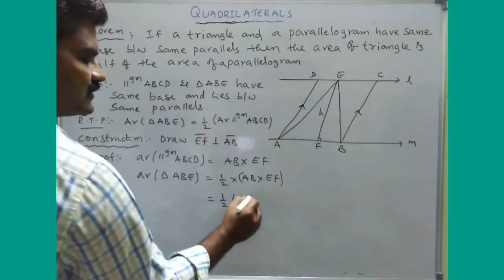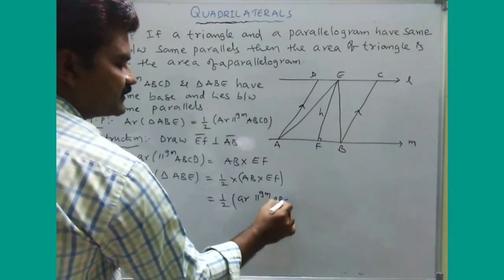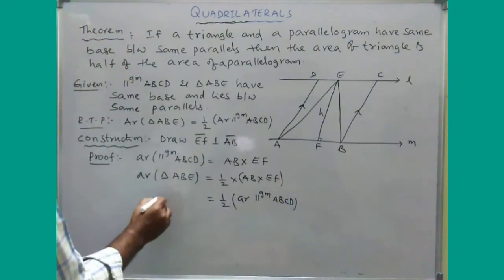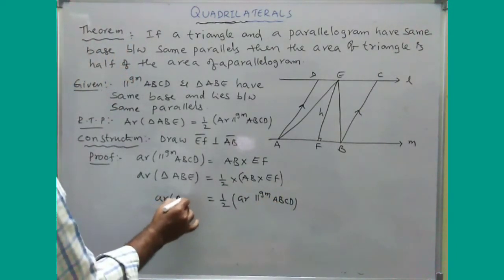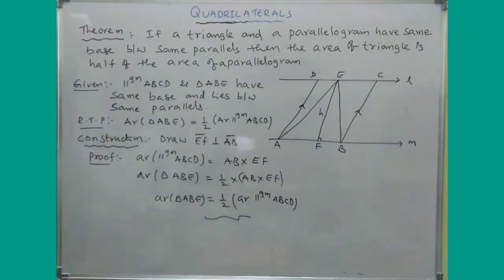So the area of the triangle is equal to half of the area of the parallelogram ABCD.